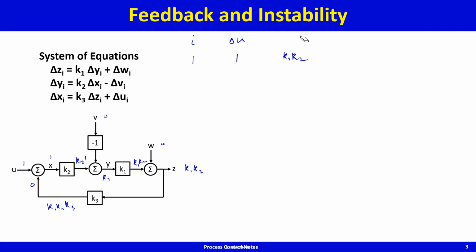Maybe I should do it differently. Delta x at the first instant is 0, and delta z is k1 k2. Then at the second instant, when I execute it, delta x goes to k1 k2 k3.